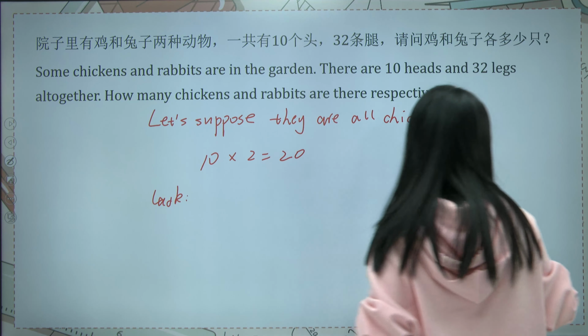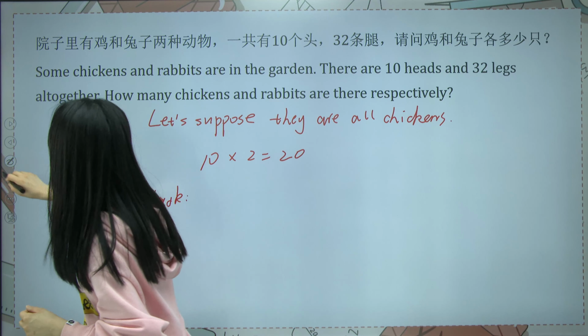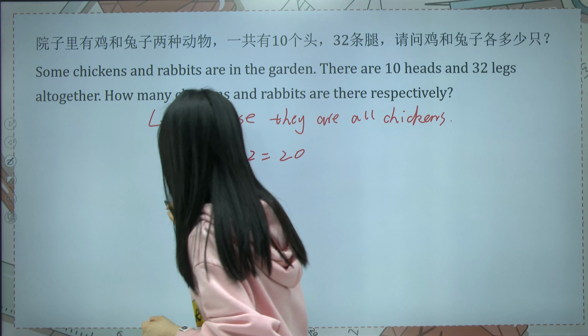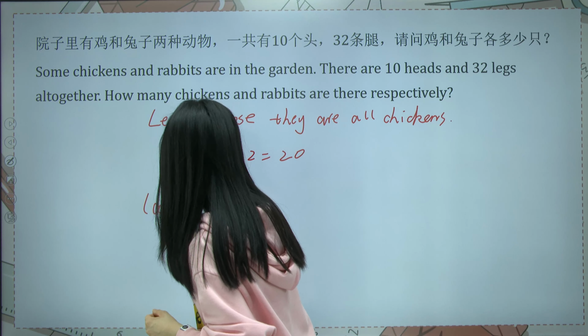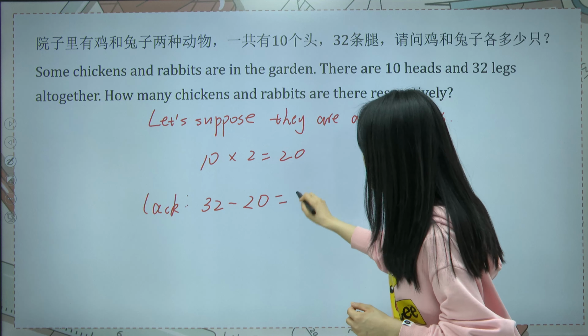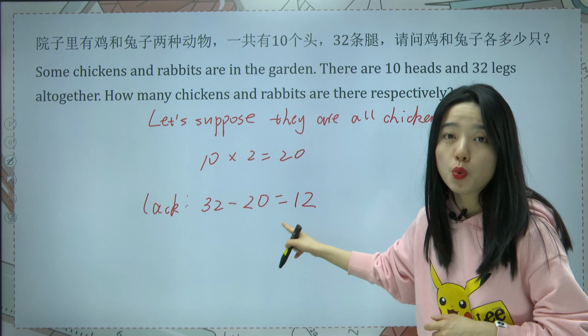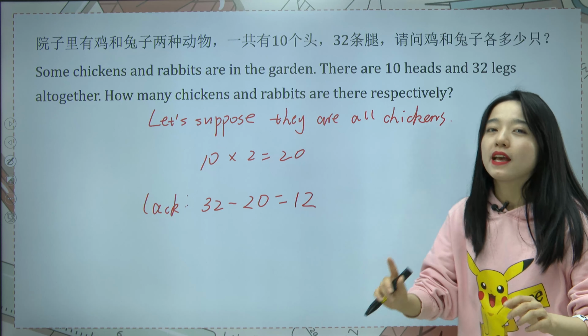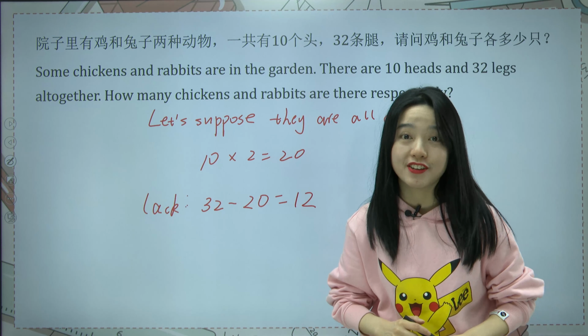We still need more legs. And how many legs do we still need? 32 minus 20 equals 12 legs. So we still need 12 legs. And every rabbit has 2 more legs than a chicken.